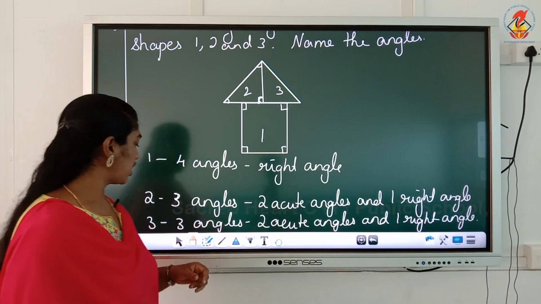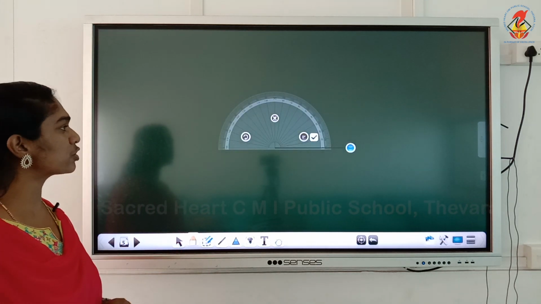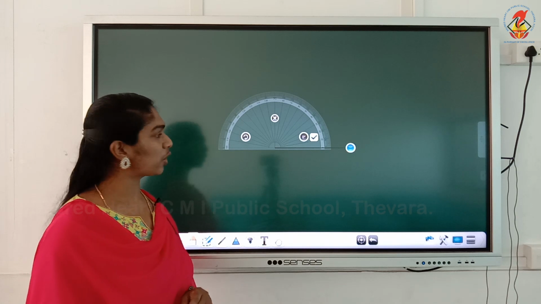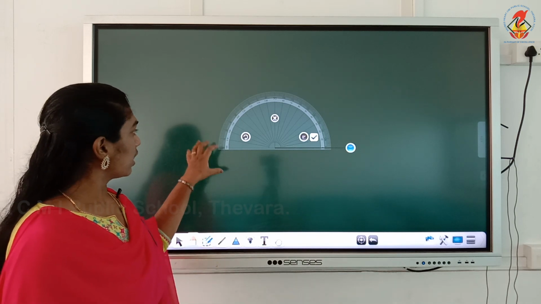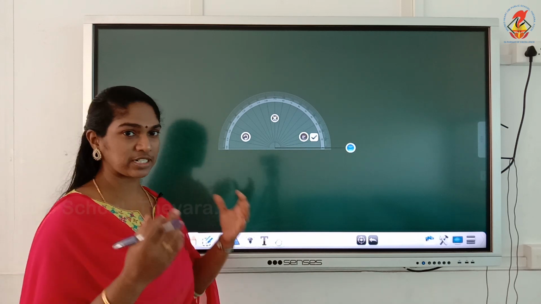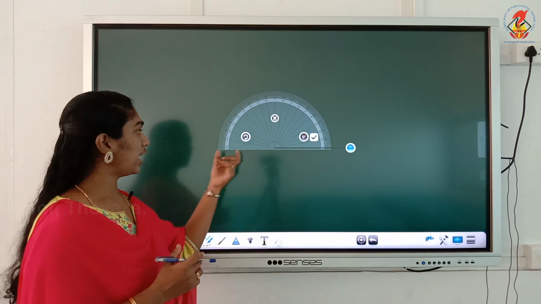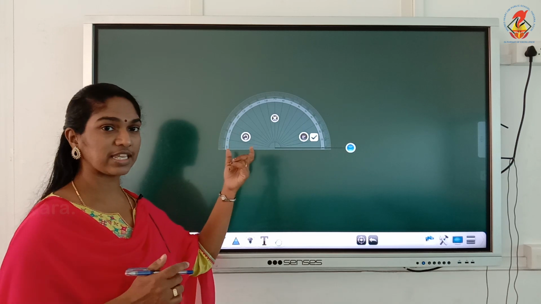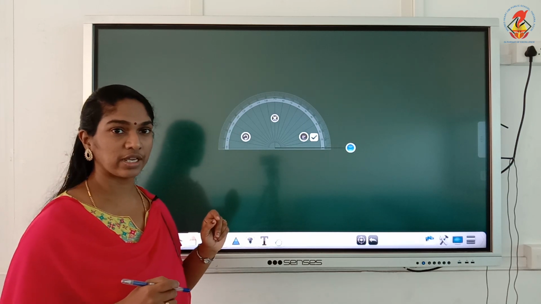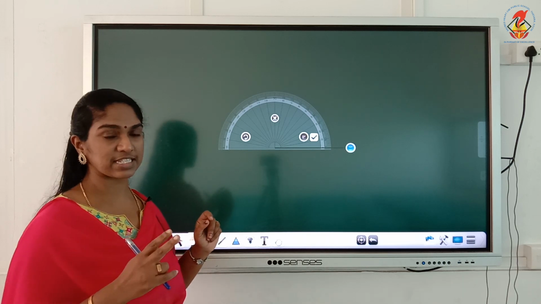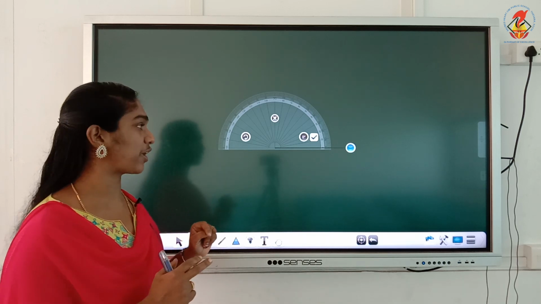Okay children. Now I will introduce to you what a protractor is. I will show you, this is a protractor. You can take your own protractor and keep it with you, children. In the protractor, you can see there are two sets of numbers. They are called the scales. There are two scales in the protractor.